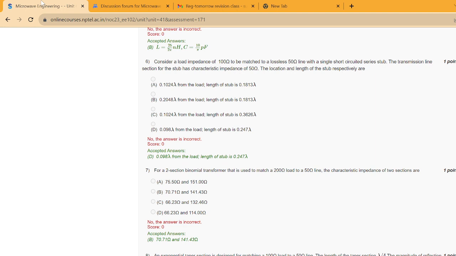Don't confuse that. So this formula will be N factorial divided by (N minus n) factorial into n factorial. You just have to take the factorial of that number, whatever it is.